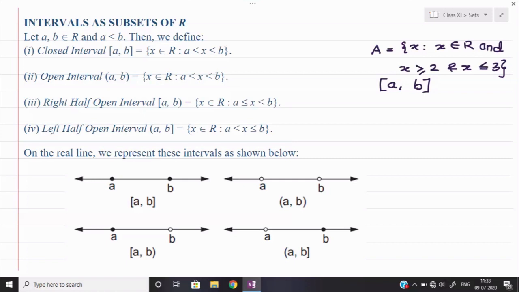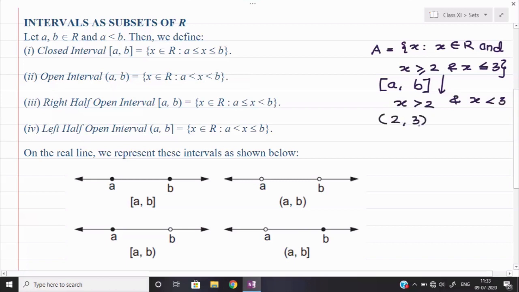But suppose the same condition I write down in this manner, x belongs to R will be the same, but if I say x is more than 2 and x is less than 3, then in that case I will write down the open interval (2, 3). Here square brackets will come for the closed interval, and for this one the open bracket (2, 3) will come. So if the open bracket (2, 3) is given, it means 2 and 3 will not be included.